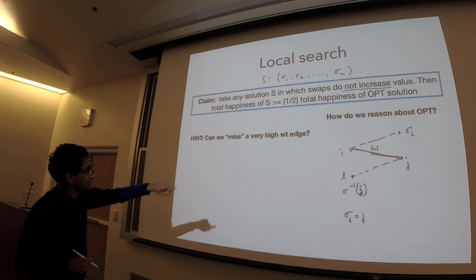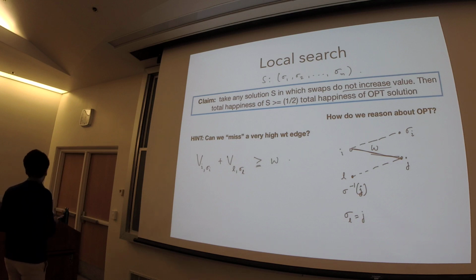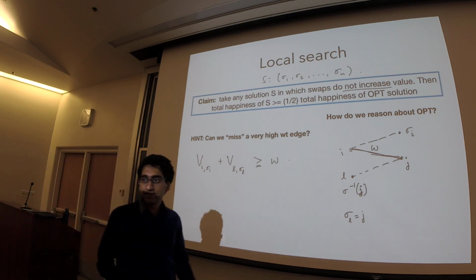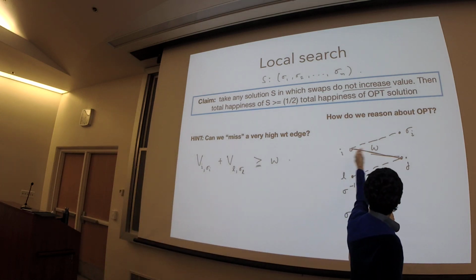Now what I would like to claim, and this is actually a very simple observation, is that this value from I to sigma I, this value J sigma, is at least this W. This is a very simple fact, but I'm just saying that this edge had a very high weightage.